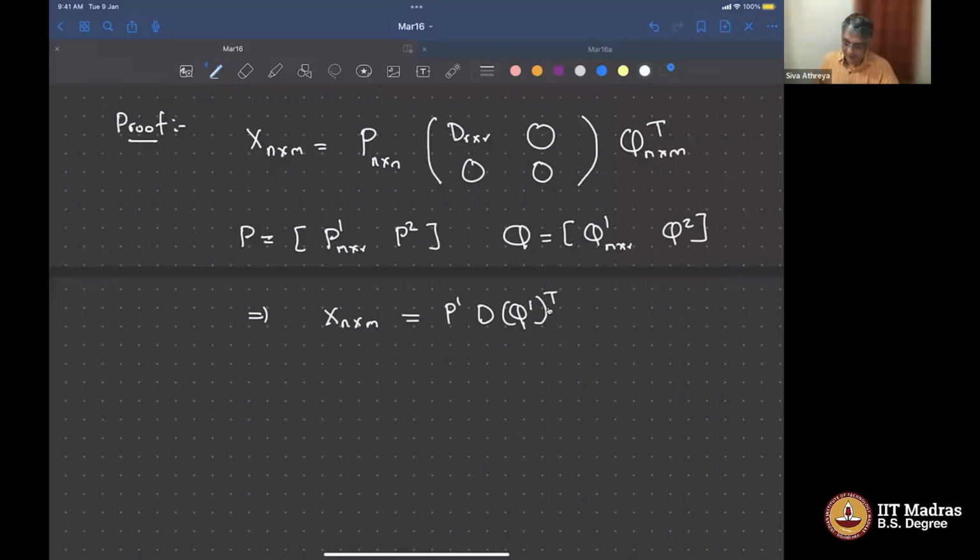So now, what do we know? Some facts to keep in mind. We know that H transpose beta is estimable. That's the assumption of the theorem.